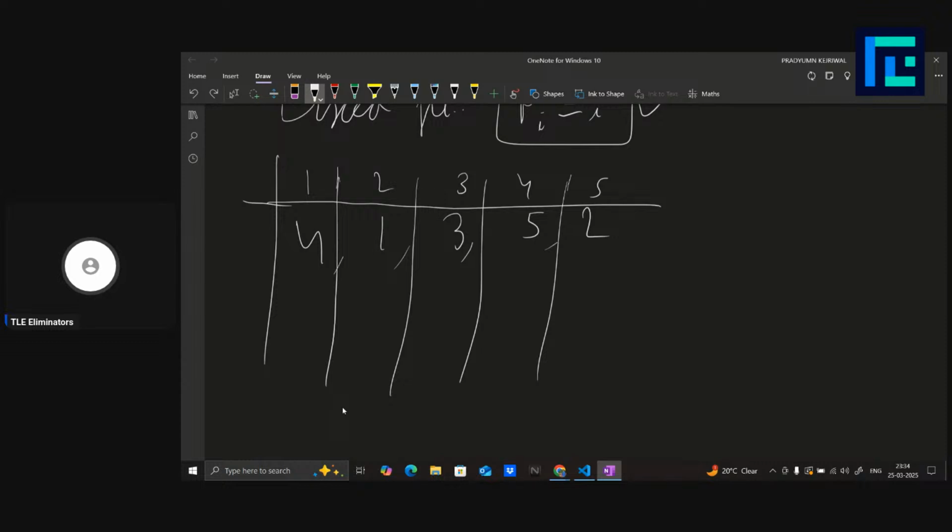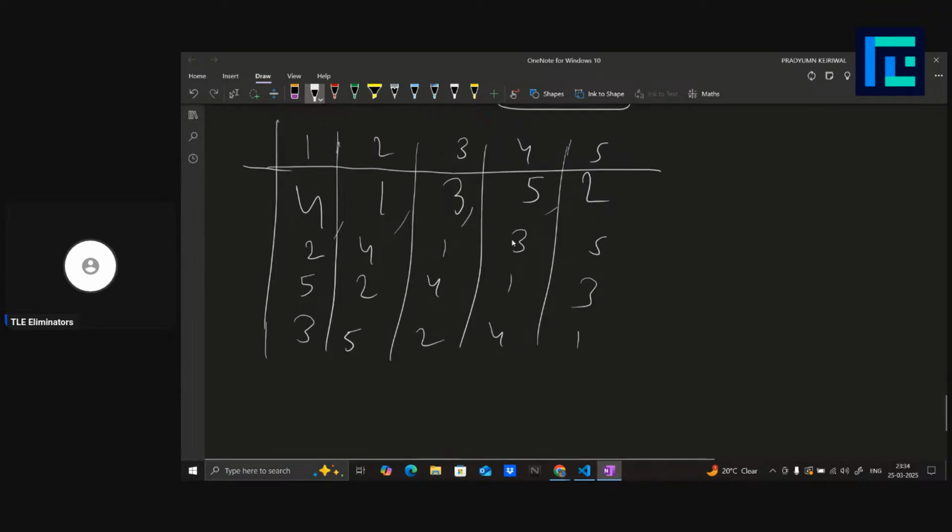Then if you cyclic shift this to the right, you will have 2, 4, 1, 3, 5. In this case 5 and 5 are matching, and no other indices are matching, and so on. Now it will become 5, 2, 4, 1, 3. Here 2 and 2 are matching. Then if you shift again, it will become 3, 5, 2, 4, 1.